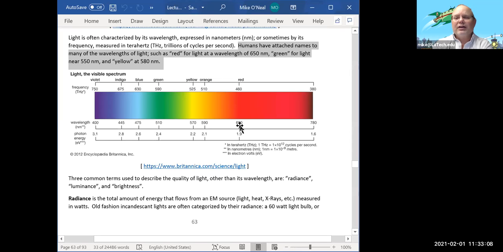It's just easier to say, oh, that's red. Or I might say green instead of saying light electromagnetic energy with a wavelength of 550 nanometers. Or I might say yellow instead of saying light with a wavelength of about 580 nanometers. Okay, so that all makes sense.